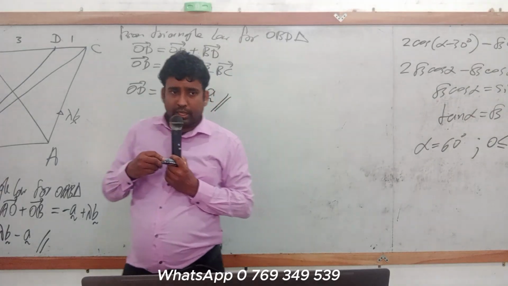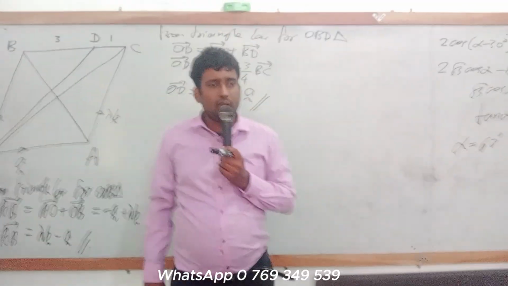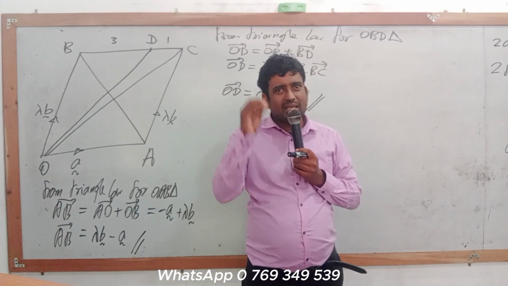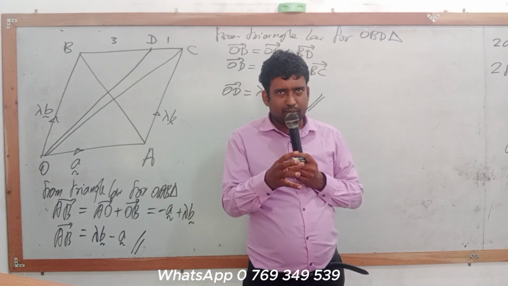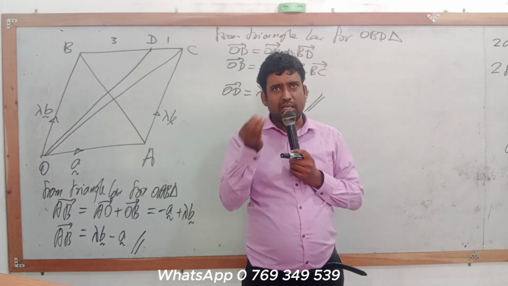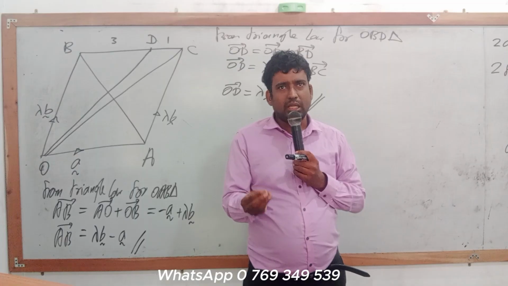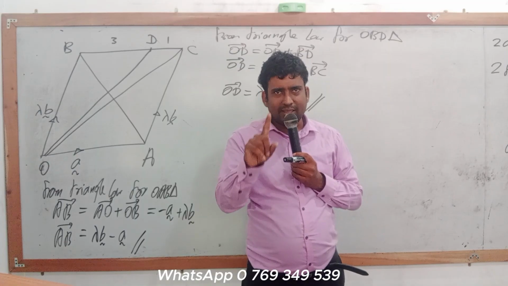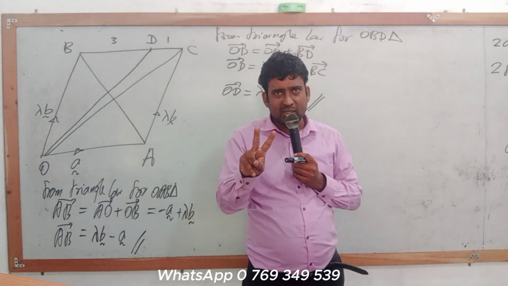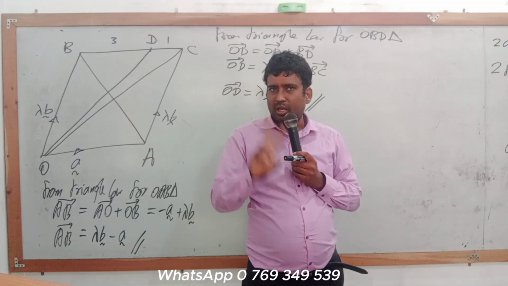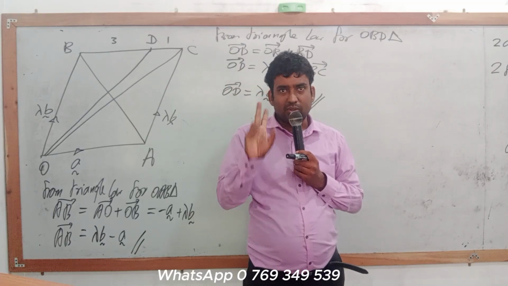Now let AB be perpendicular to OD. Perpendicular means the angle is 90 degrees. We know that we have two theories about the angle: the vector product and the scalar product.